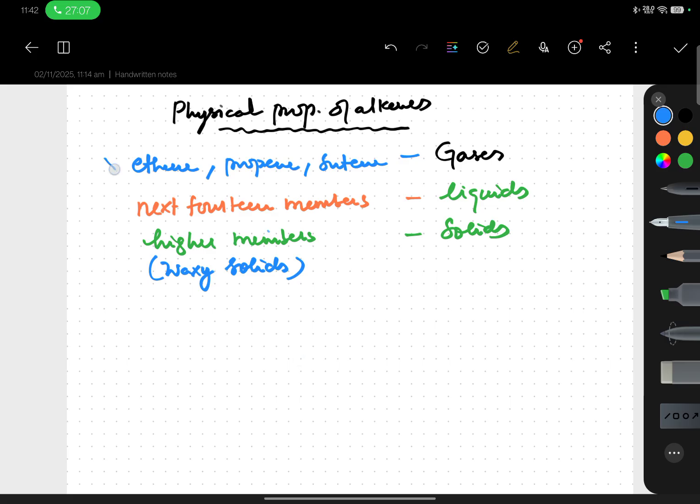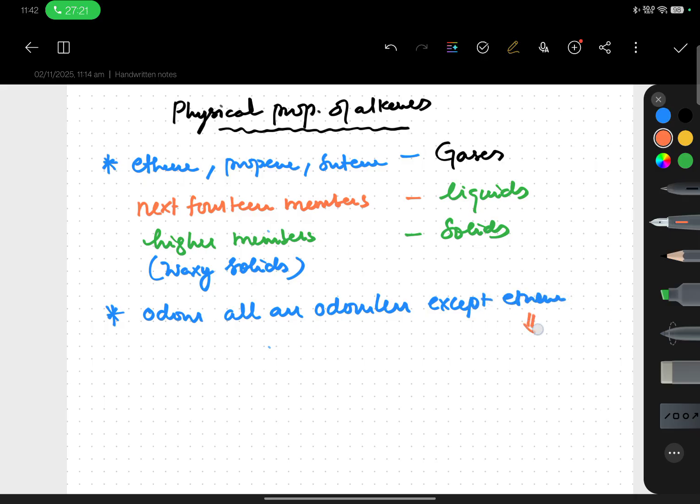Another important aspect, odor. All are odorless except ethene. It has a very sharp sweet smell.